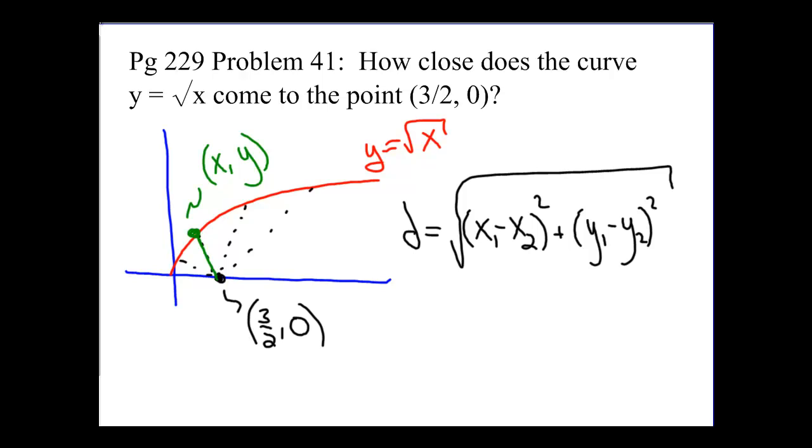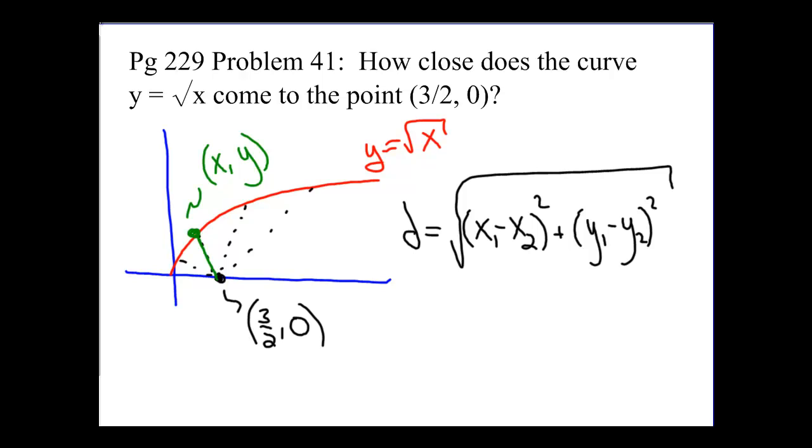This is a very ugly equation, right? The distance here being a square root function of a square root function, we're going to have a lot going on here. One of the hints they give in the textbook, and one of the things you should realize here, is that if the distance is as small as possible, then so is the square of the distance.